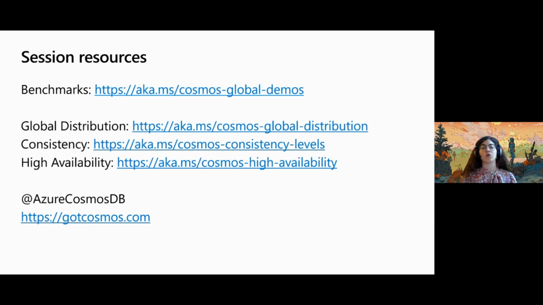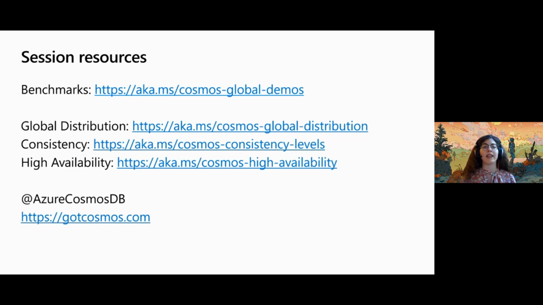Everything you need to know is available on gotcosmos.com, where it has trainings, code samples, labs, new features that have been introduced, and so on. The benchmarks that I showed you are available on GitHub, and they don't consume a lot of throughput, so you might want to try them yourself.